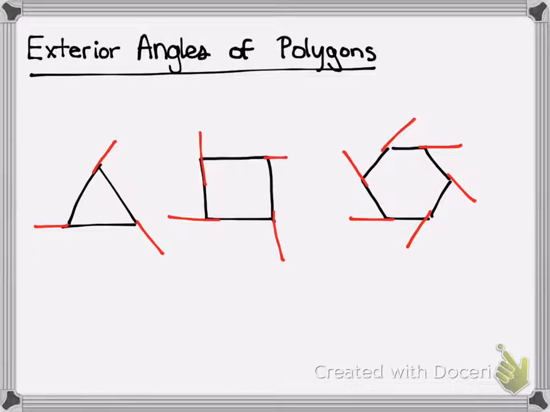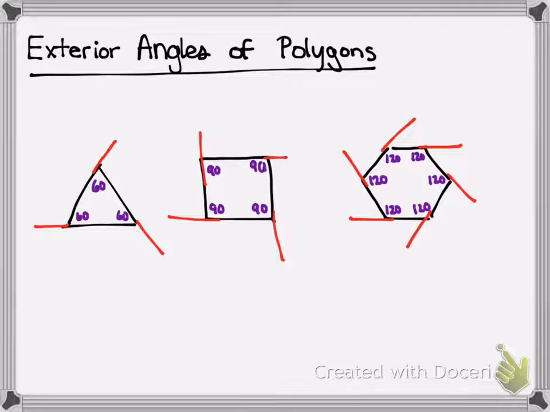Now, it helps to consider the interior angles first. So we're going to work right now under the assumption that all of these are regular polygons. It's a regular triangle, an equilateral triangle, it's a square, and a regular hexagon. So I would know what the interior angle measures are because I know the measures for an equilateral triangle and a square, and we just found the measures for a hexagon.